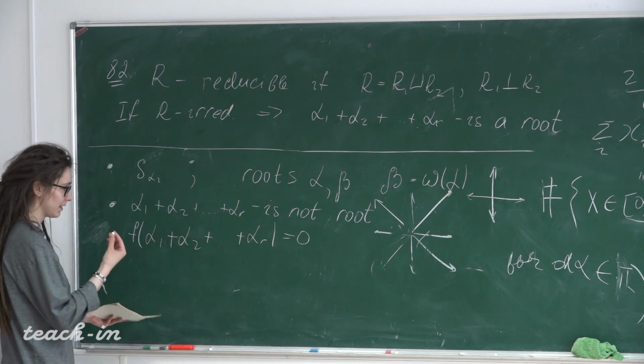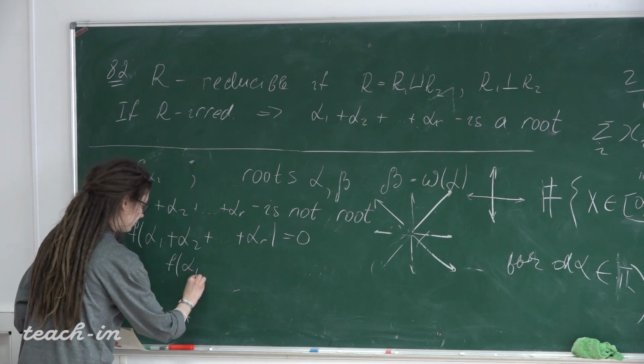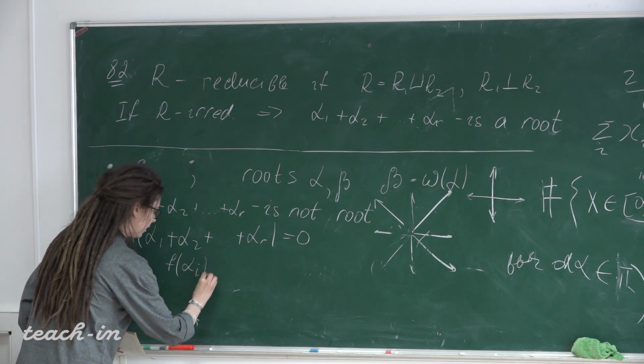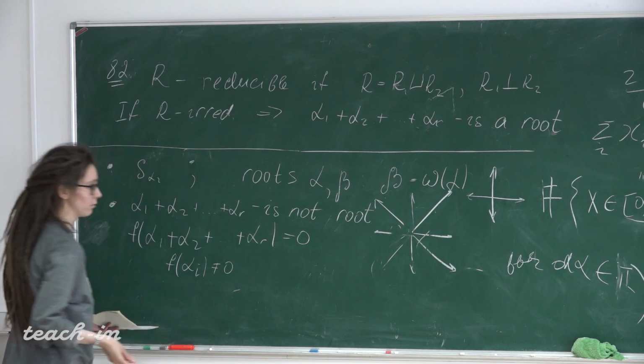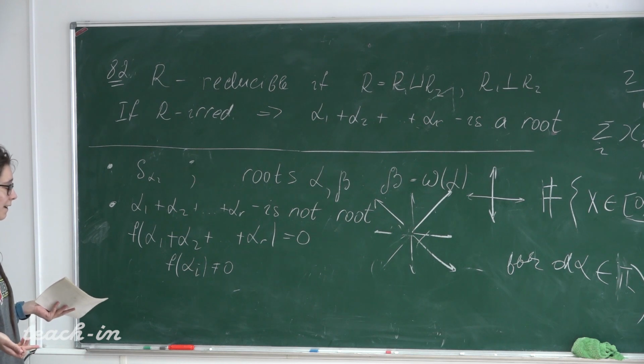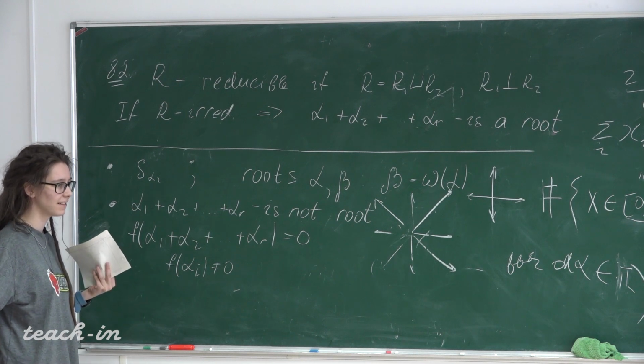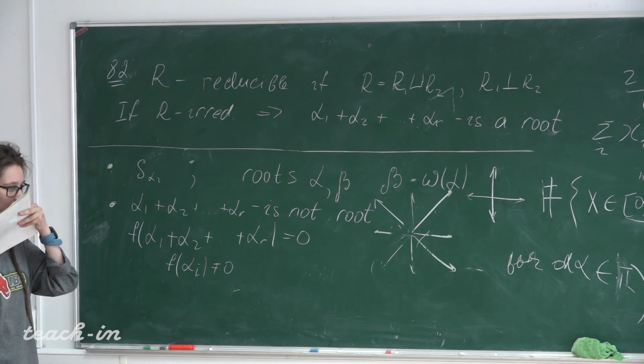But if it's a root, as I can guess, for example for the roots alpha i, all of them will be non-zero. So they say, let this function exist. Can it exist? I think it may exist even without the assumption that this is not a root.